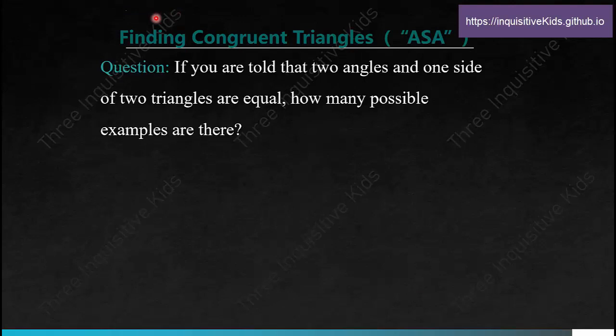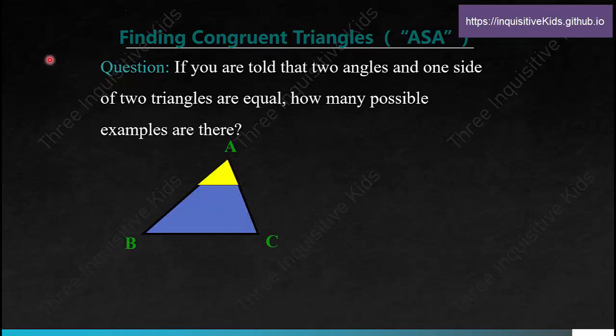Finding congruent triangles, ASA. Question: if you're told that two angles and one side of two triangles are equal, how many possible examples are there? So you know that there are two triangles, and two of their angles are equal, and one of their sides is equal. How many possible examples are there? For example, this is a triangle, and it could be this angle that's equal, this angle that's equal, and this side that's equal.